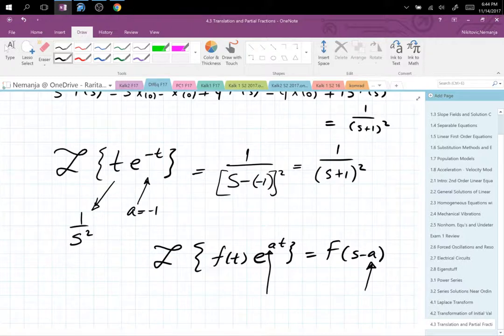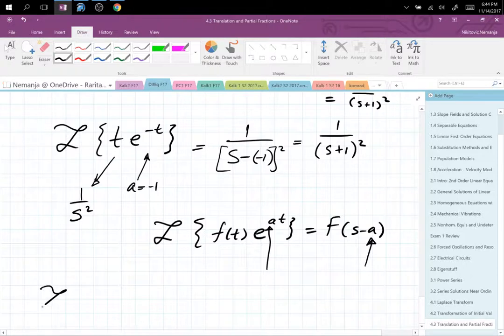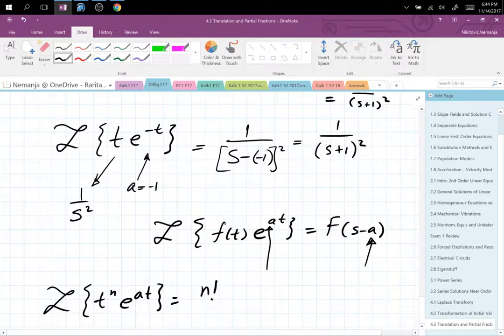Now we can also use the formula. It says that the Laplace transform of t to the n e to the at is n factorial over s minus a to the n plus 1.